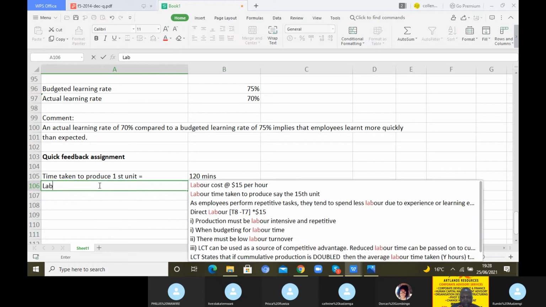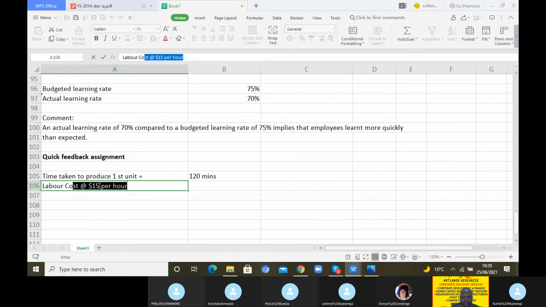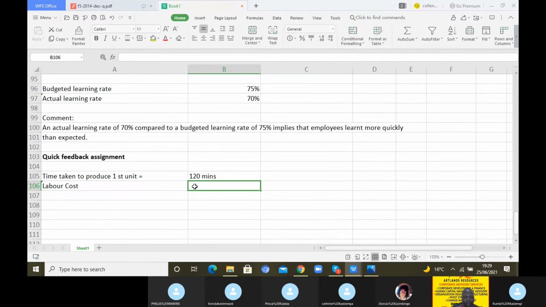Labor cost equals $20 per hour. Now, a hint: if you are given that time taken for the first unit is 120 minutes, when you are punching in the calculator, you don't put 120 minutes, you put 2 hours. It's important to convert minutes to hours because labor cost is given per hour, not per minute.